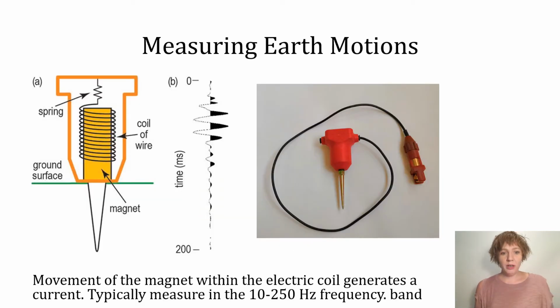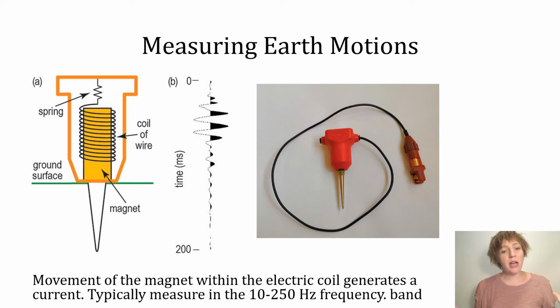How that works, and here's the example of the geophone, is that there is a magnet inside of a coil of wire, right? So this is how it's actually done today versus weights and damping forces. Well, there are still damping forces, it's just not oil. So we have a magnet, and then we have a coil of wire around that magnet.